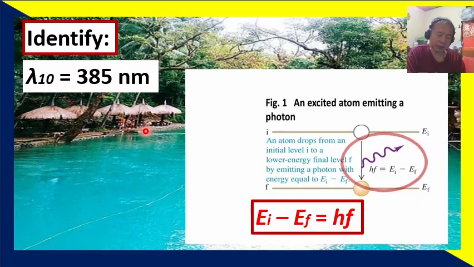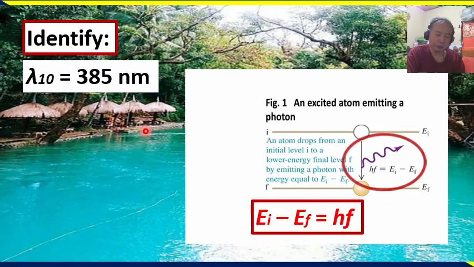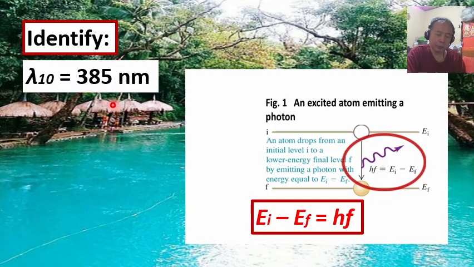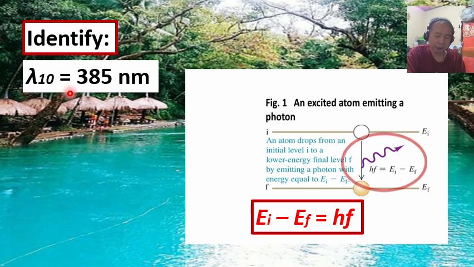This is emitted when the atom transitions from the first excited level to the ground level.